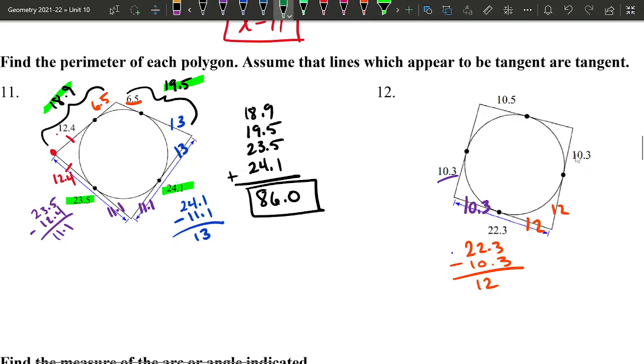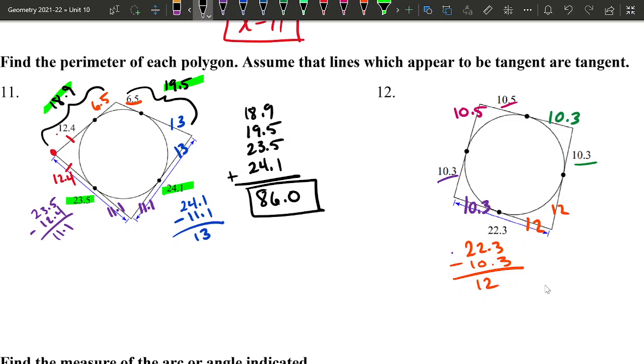I already have a 10.3 at this top piece. So the one that goes with that is 10.3. And then I already have the 10.5. So the one that goes with it is also 10.5. And now I just need to add them up.